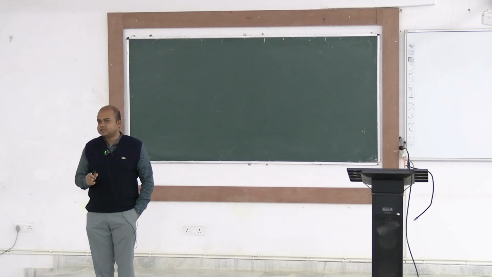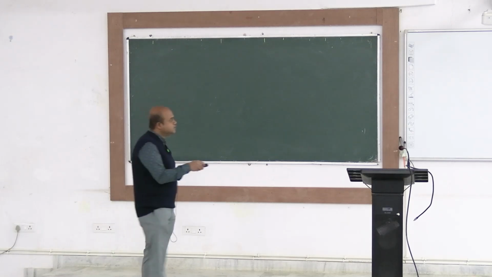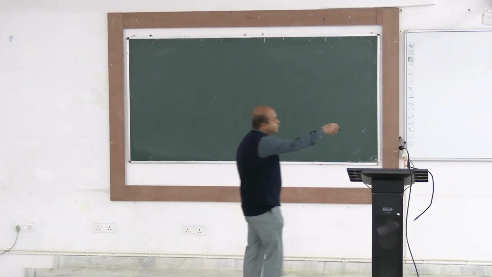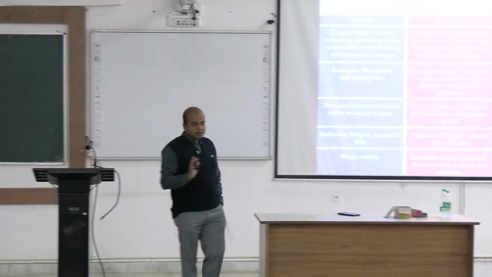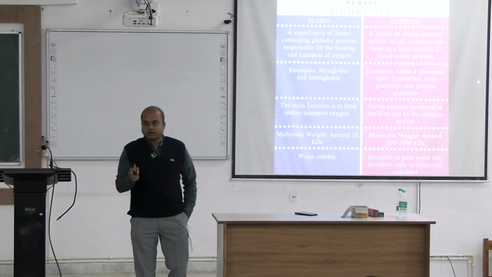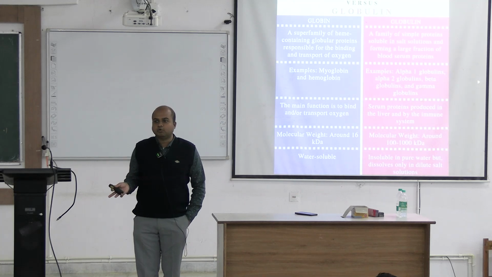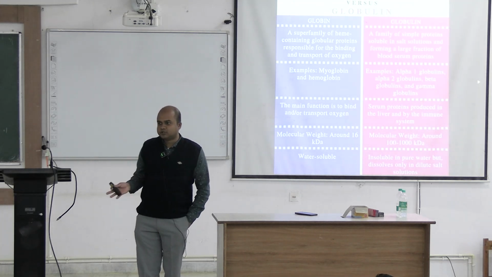You don't need the extensive list, but you have to know albumin, globulin, and at least the plasma proteins which help in hemostasis like fibrinogen. Globulin is a plasma protein, different from globin. In the exam, don't confuse between globulin and globin, or between homeostasis and hemostasis.